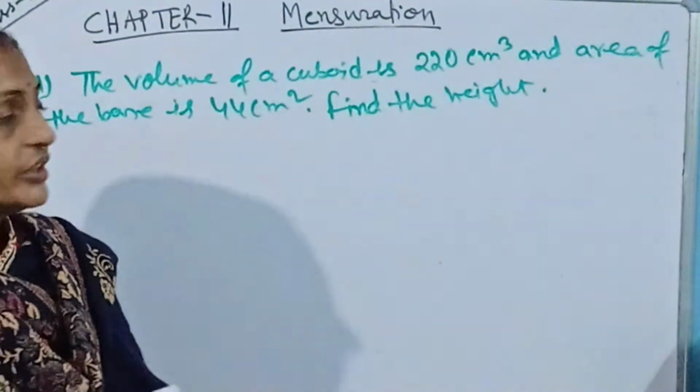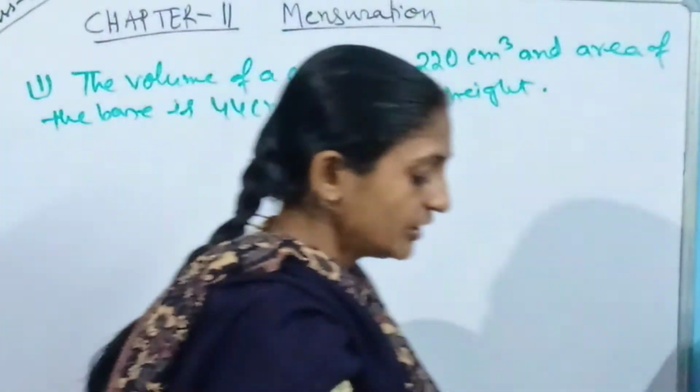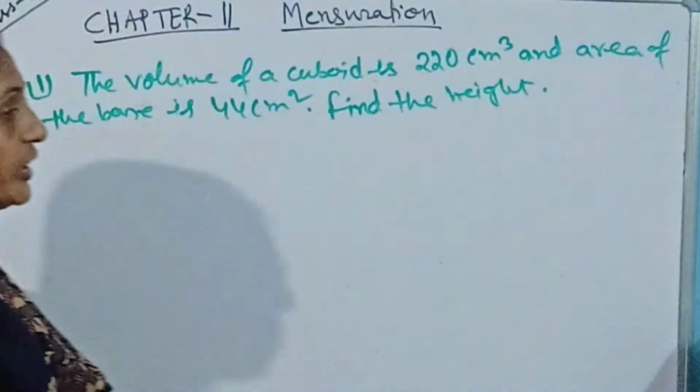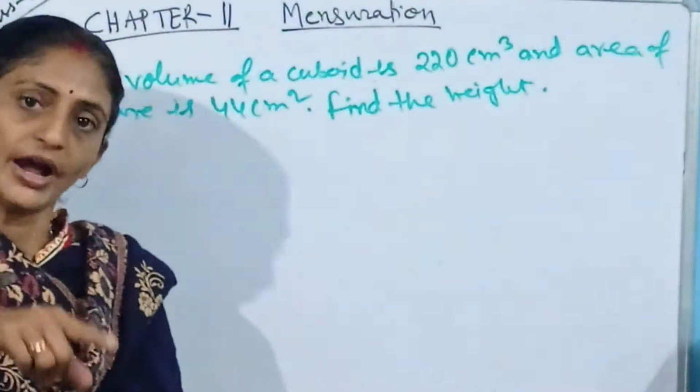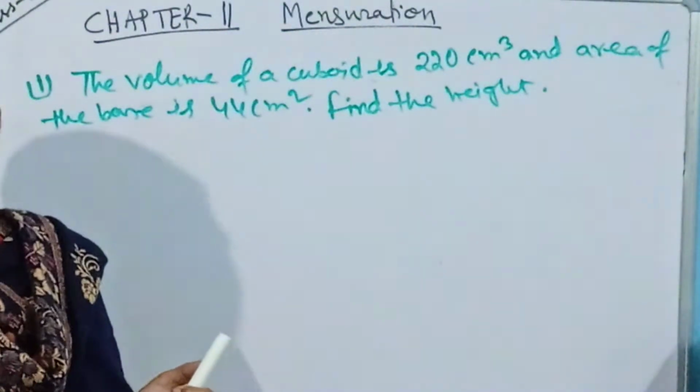What you have to do? In this question, it is clear that we have to go for the formula: area of the base into height, that is called the volume.